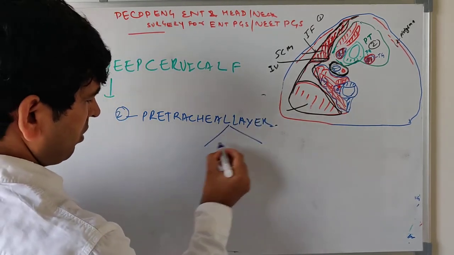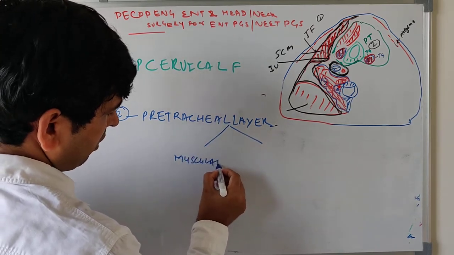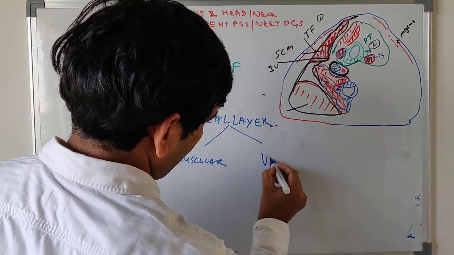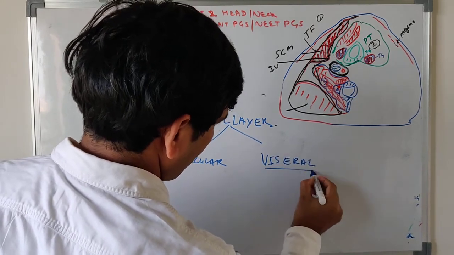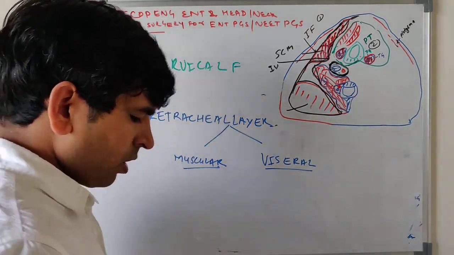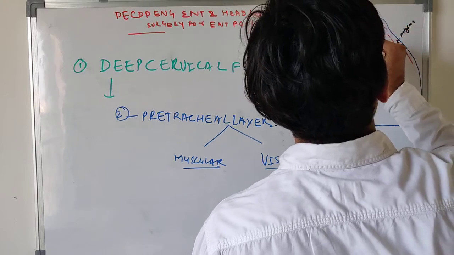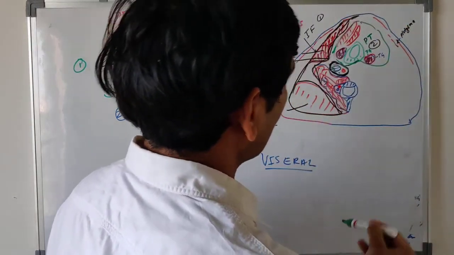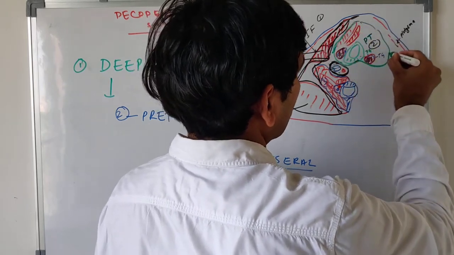The pretracheal layer has two parts: one is the muscular part, another is the visceral part. The muscular part covers the muscles. This green line shows the pretracheal layer of deep cervical fascia.